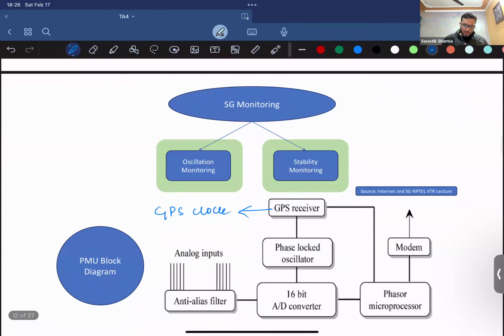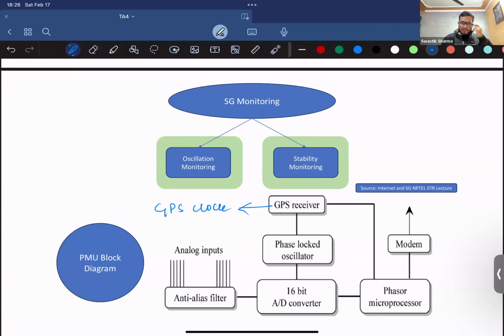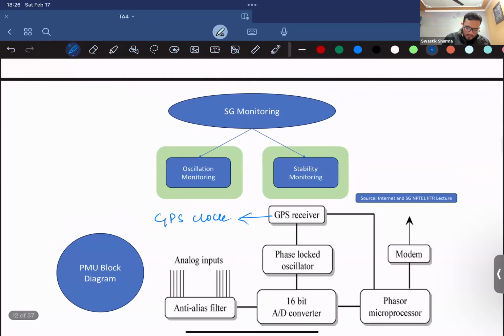So for the smart grid, this was something that I wanted to discuss. To monitor a smart grid, the first thing affecting the way we monitor it is the DER. Earlier, generation, transmission, and distribution had one-sided power flow.